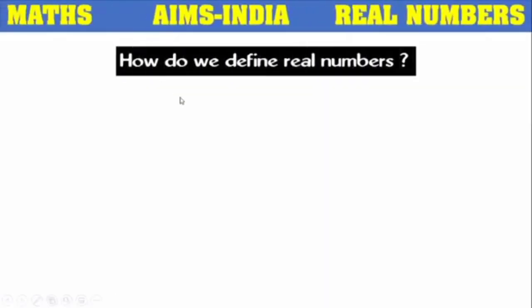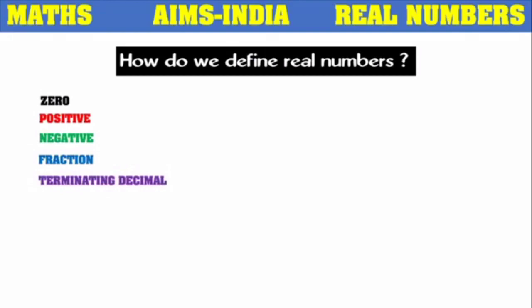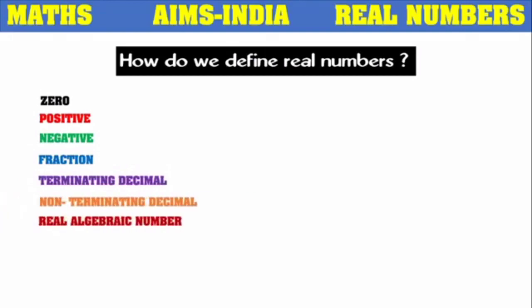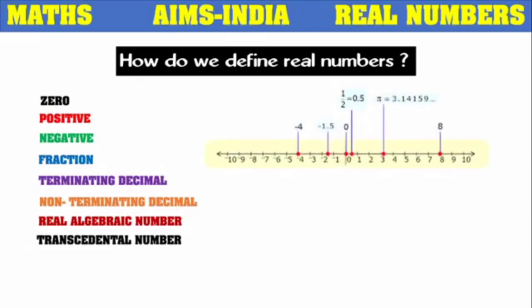Now let's see how we define real numbers. Real numbers, as we have just discussed, may be zero, a positive number, a negative number, a fraction, a terminating decimal, a non-terminating decimal, a real algebraic number, or a transcendental number. It may be any kind of number, but it can be represented on the number line.